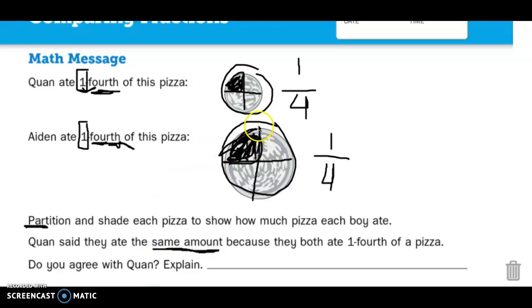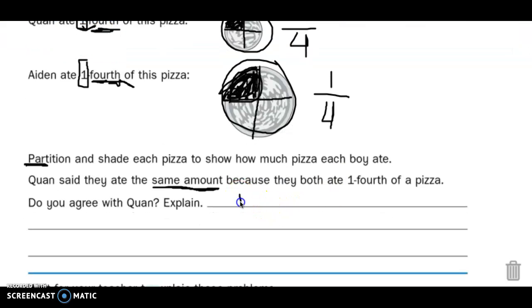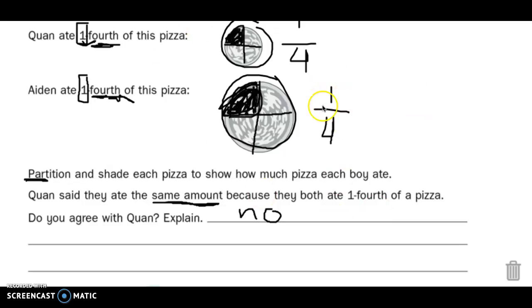No, because Aiden's 1/4 piece is much bigger than Quan's 1/4 piece. So if the whole is not the same size, they can't eat the same amount of pizza. So I'm going to say no, and you guys will write no, and then explain why. We just talked about it.